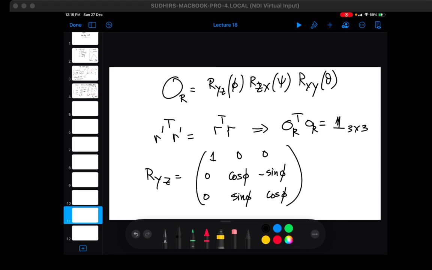Okay, Rxy is the same as this. So a generic rotation can be thought of as a product of 3 individual rotations, each in one particular plane: one in the xy plane, one in the zx plane, one in the yz plane. That is a very interesting result, but we'll just take this on trust.